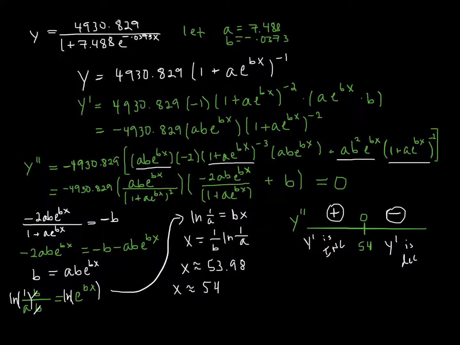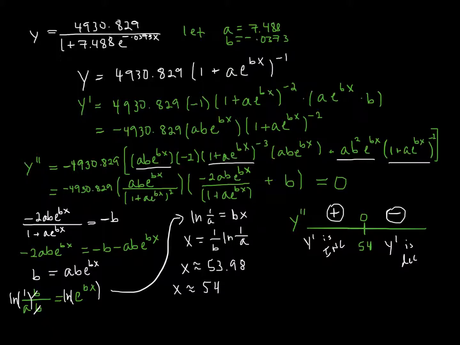So 54 years after 1910 is when we're going to have the population growing at its fastest rate. Now, you might say to yourself, well, I need to check the endpoints, but you really don't, because the only endpoint that you have is at 0 here. And since y prime is increasing everywhere to the right of 0, there's no way that this is a maximum value, right? In fact, this would be a relative min.